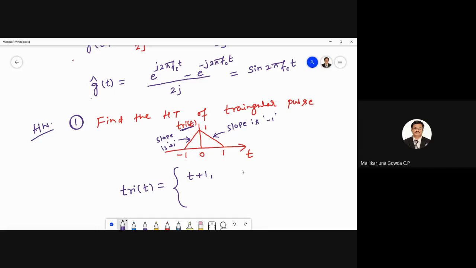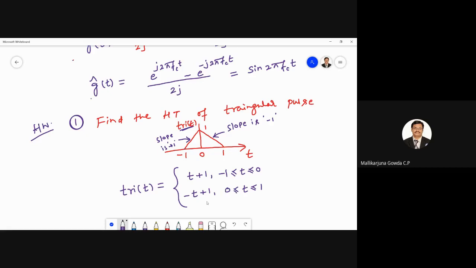When t is less than or equal to 0 and greater than minus 1, that is from minus 1 to 0, it is t plus 1. And it is minus t plus 1 when t is less than or equal to 1 and greater than 0.